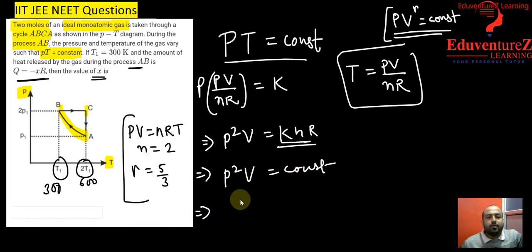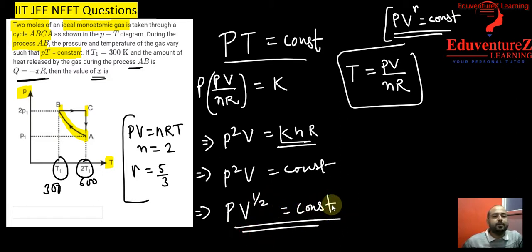Now if we want to write it in the form PV to the power something, then it will be P V to the power 1 by 2 equal to constant. So this is not PV to the power gamma constant, because then it must be 5 by 3, since the gas is monoatomic and in case of monoatomic the gamma is 5 by 3.